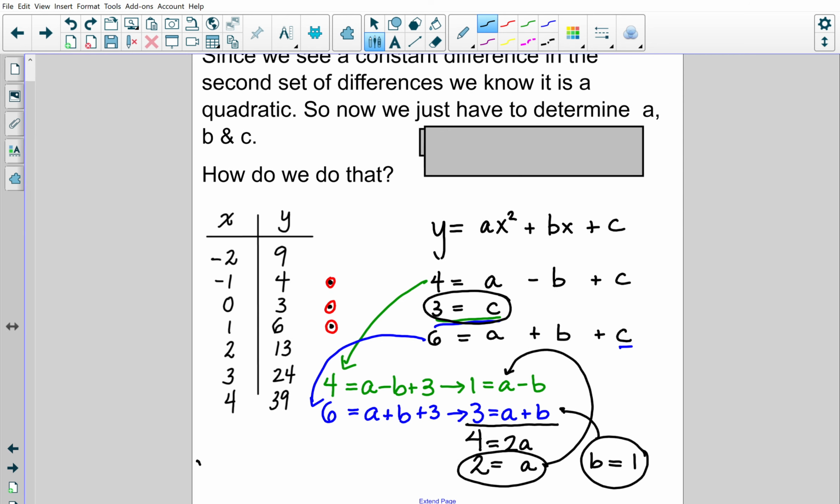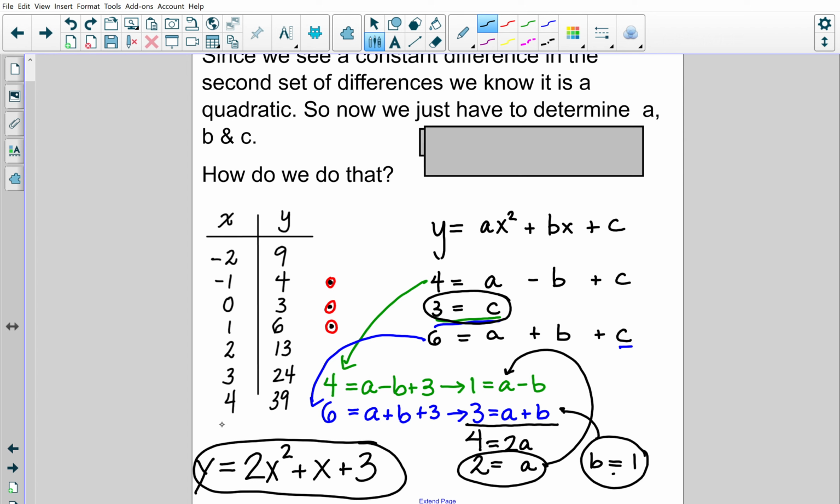So my guess for this quadratic is y equals 2x squared plus 1x, or just x, plus 3. So that is what I think is the quadratic equation that models these points.